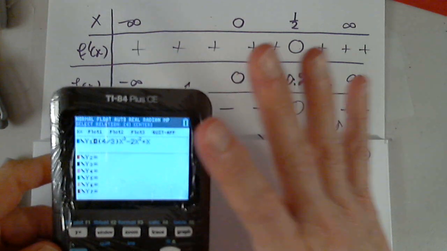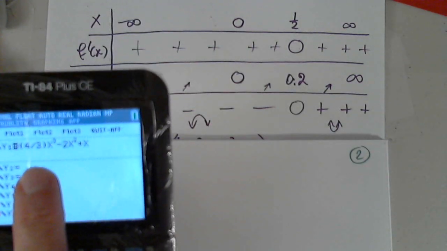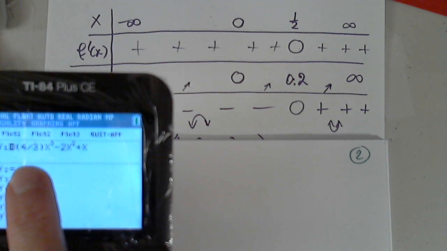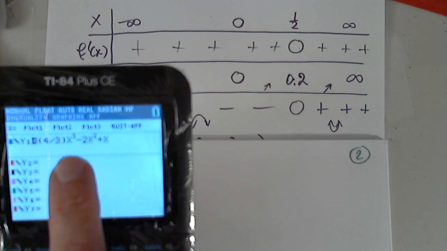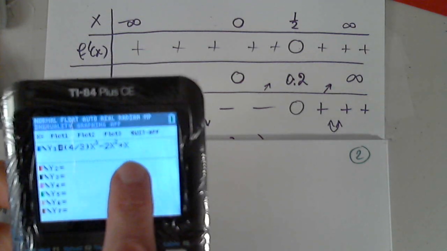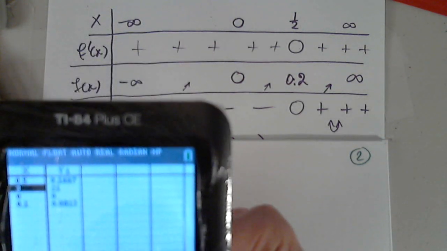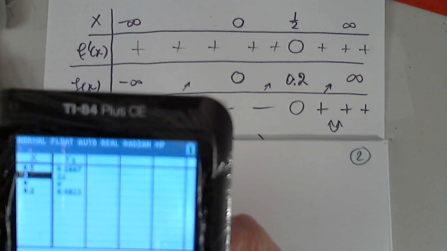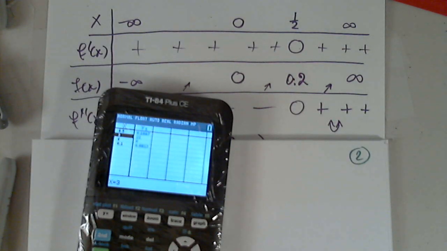See, that's why I don't trust this calculator, to tell you the truth. Did you enter it like this? If you didn't put parentheses around 4/3, then you got a different number. So you have parentheses 4/3 x cubed minus 2x squared plus x. I'll do it again. 0.5. The answer is 0.2. I can use a different calculator.